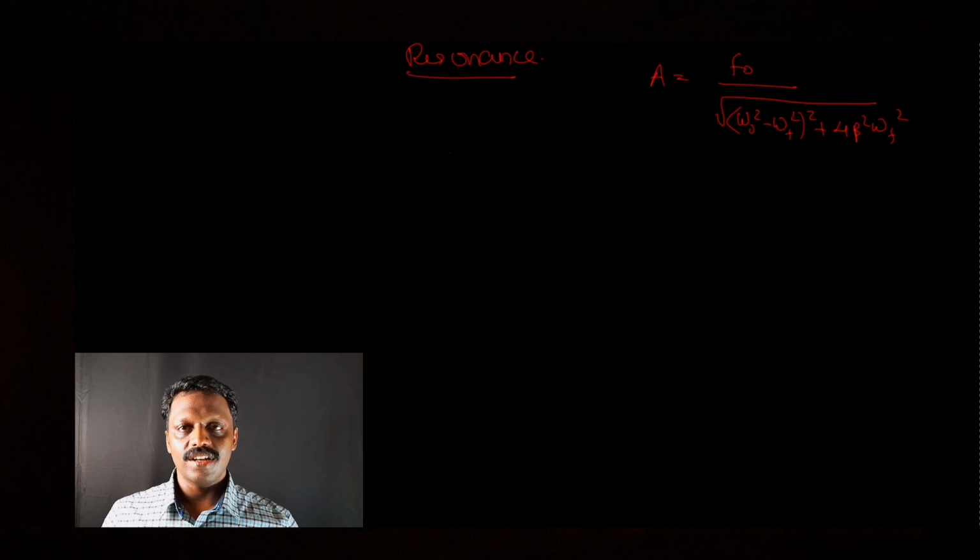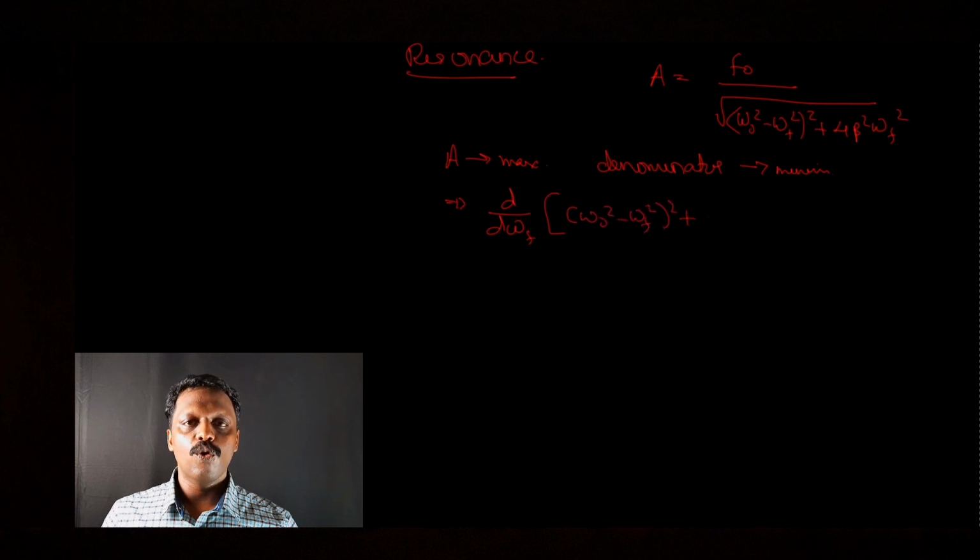Or we can rather say here in this situation that d by d omega f of omega naught square minus omega f square the whole square plus 4 beta square omega f square should be equal to 0.